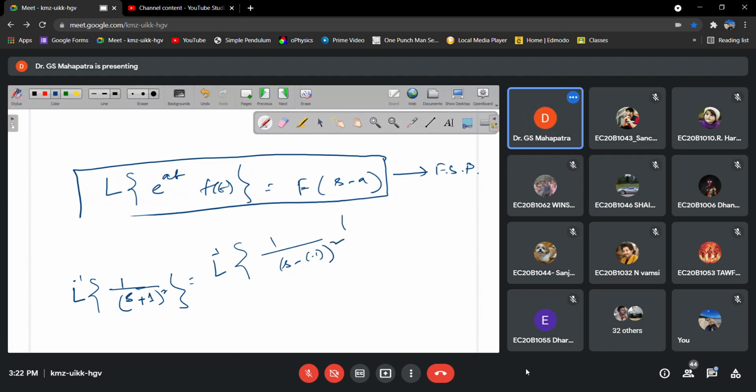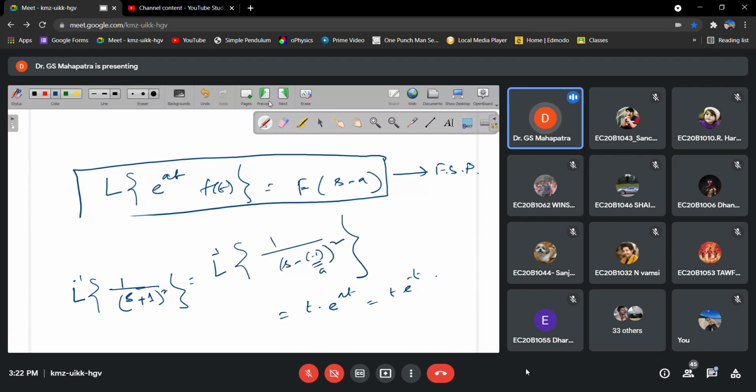So it is e to the t into e to the power at, where a is minus 1, so e to the power minus t. Correct? So now, oh, 3:30. So next one, okay, that's all.